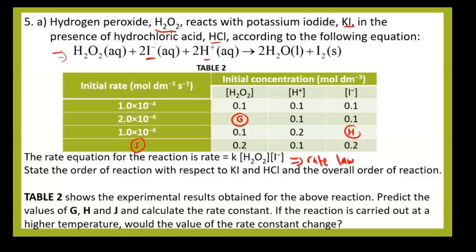You already know that H2O2 is power of 1 and I minus is power of 1, so the overall order is second order. The order with respect to H2O2 is first order, and the order with respect to I minus is also first order.